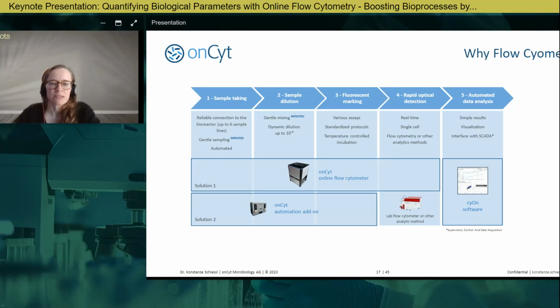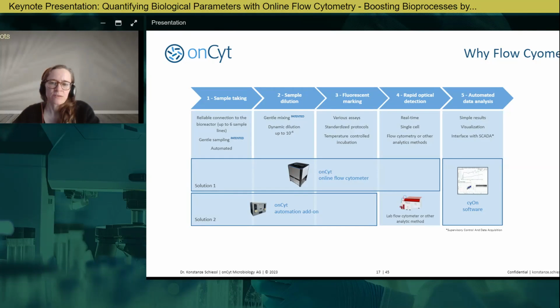So the way we do it, well, we connect to a bioreactor, so you can connect up to 6 sample lines, and then we sample. We have a patented method for that. Then automatically the sample is diluted if it's needed. For example, for microbes, that's always important because the flow cytometer has a limited linear range. And then you can automatically stain with various assays, as I will show.